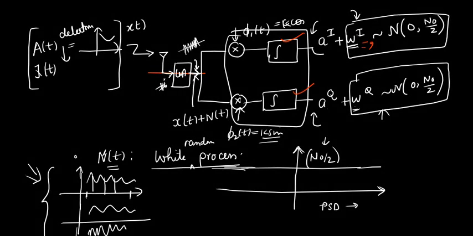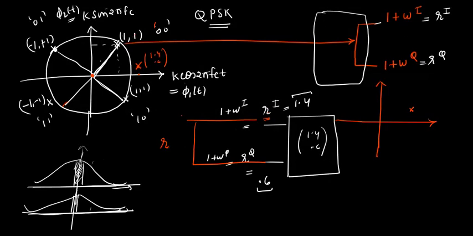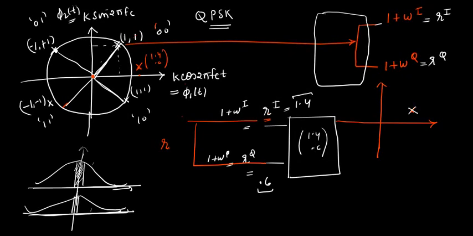This is Ri, Ai plus Wi, and this is Rq. So you can draw it like this. Yes or no? So now by observing this, you need to tell me whether this was transmitted, this was transmitted, this was transmitted, or this was transmitted, right? So this is called the detection problem.